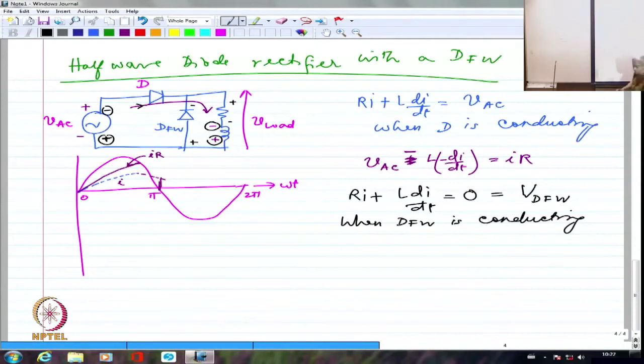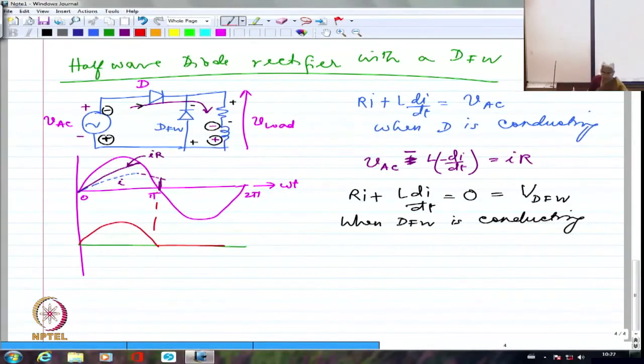So if I try to look at the voltage waveform corresponding to this, I am going to have until this portion a positive voltage, and after that it will be 0 voltage until the freewheeling diode conducts. I will not have any voltage coming into picture at all, right?